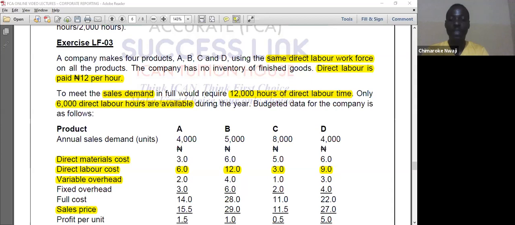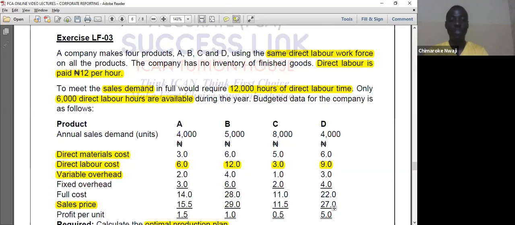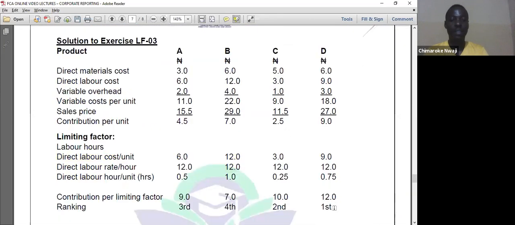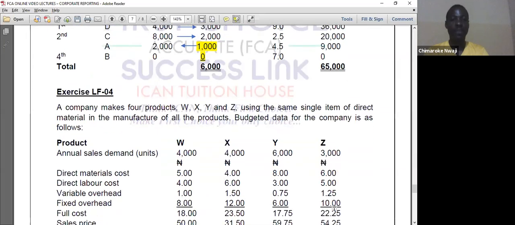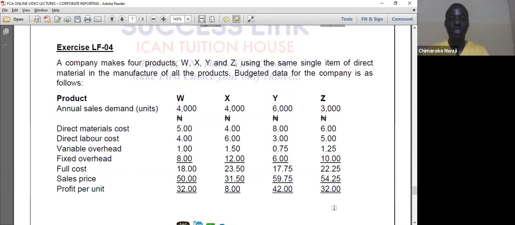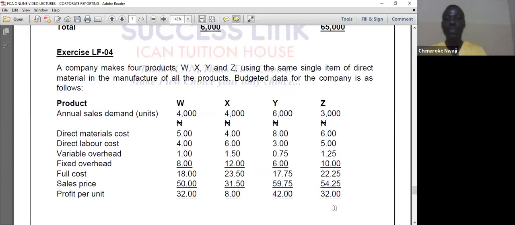Let's see if we have another question here. Now look at this other question. A company makes 4 products using a single item of direct material. Once again, the hint is here.